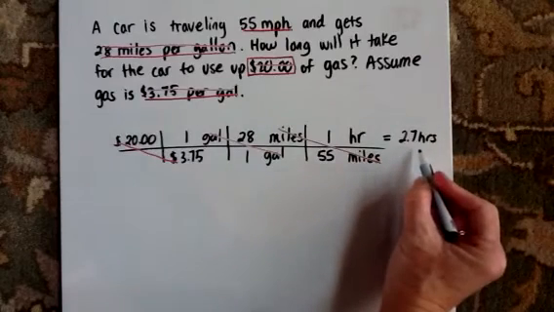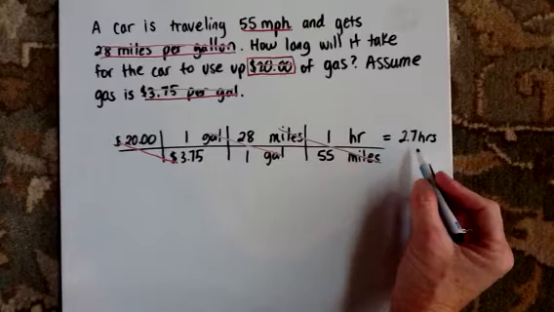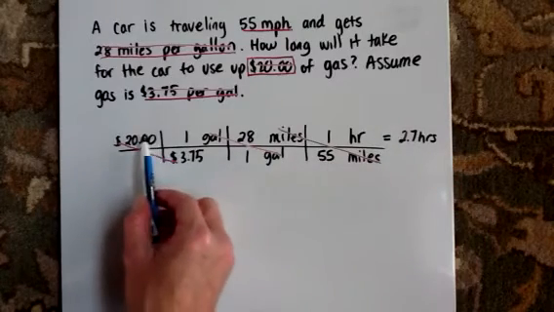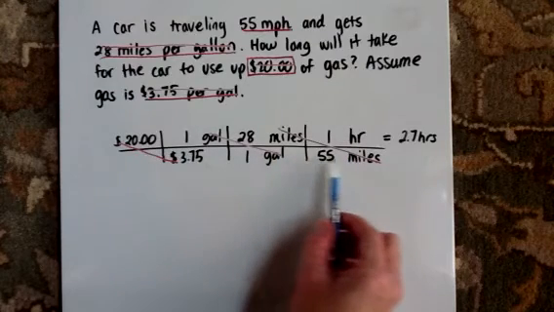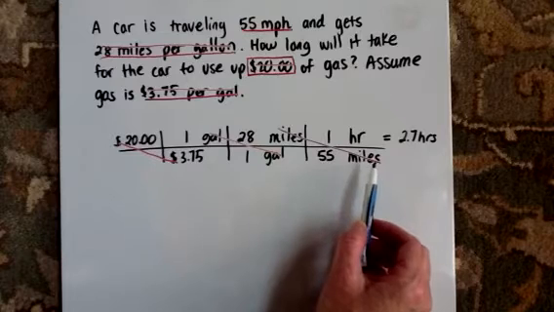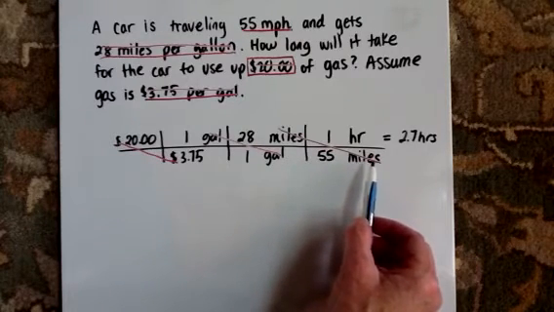Now, if you do not get that number, there's a common issue with how you enter these in your calculator. I always enter across the top and then across the bottom. You can skip the ones because ones, whether you're multiplying or dividing, don't do anything.